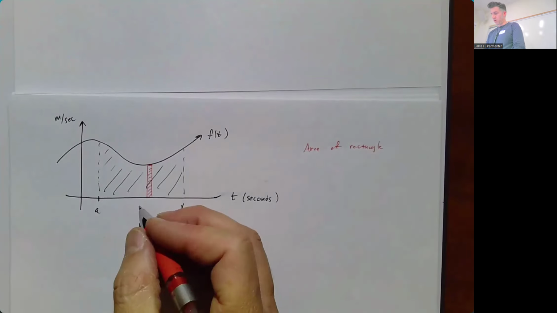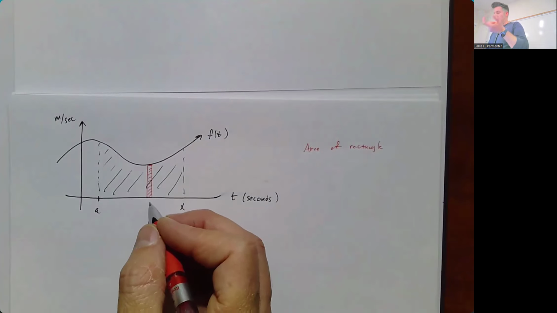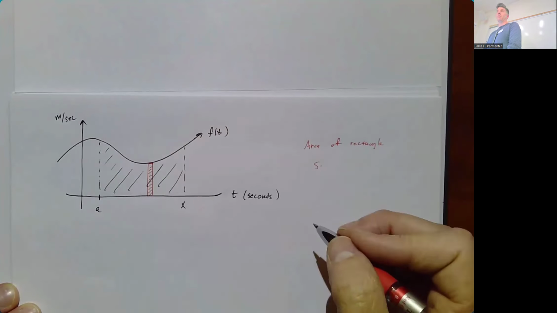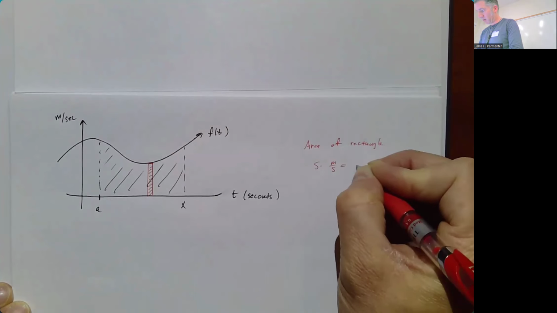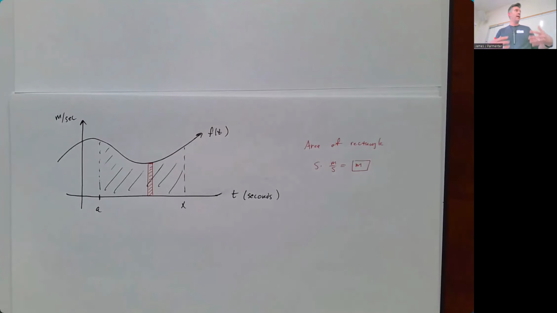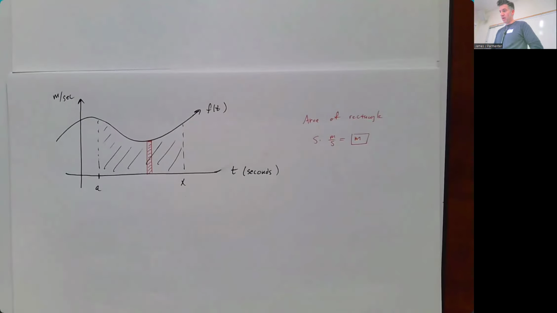The units are time in seconds, some elapsed time, and the height is some amount of meters per second. So we're getting meters, which makes sense, right? It's coalescing with what we're talking about here, that the area under this curve should be a measure of the distance traveled.